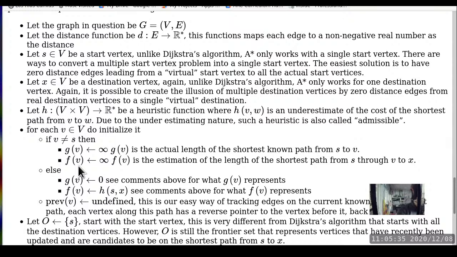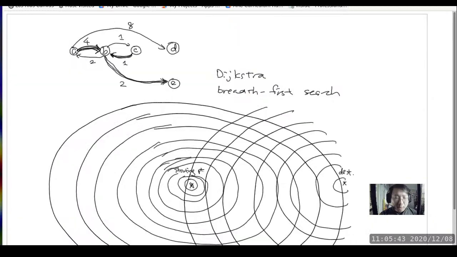So getting back to the graph, give me a second to open a new page because I've used up the entire page already. Okay. So the idea is you have one starting point, which is vertex S. You have one single destination, which is vertex X. Okay.